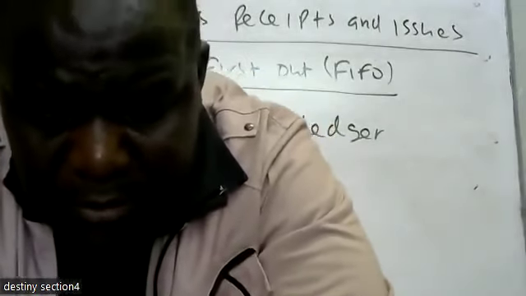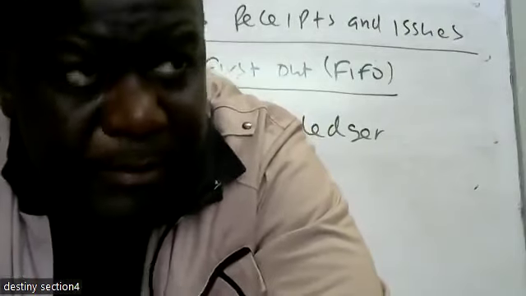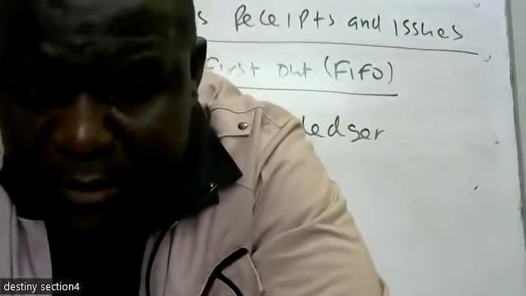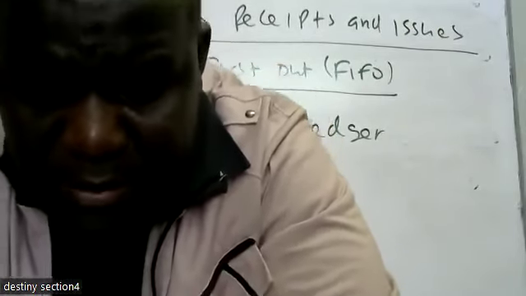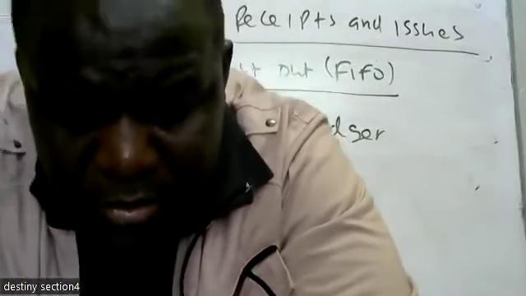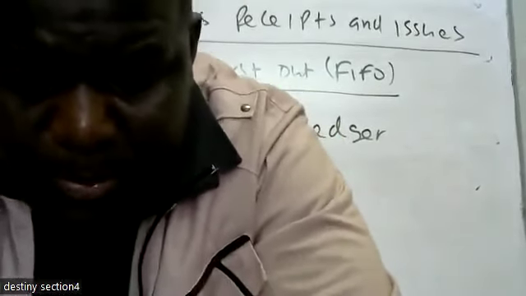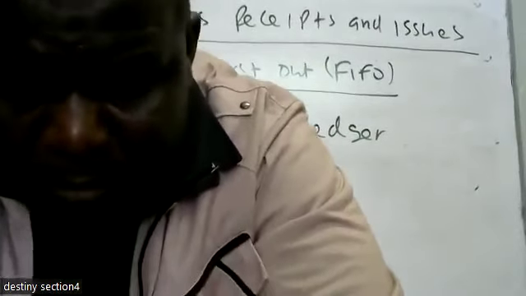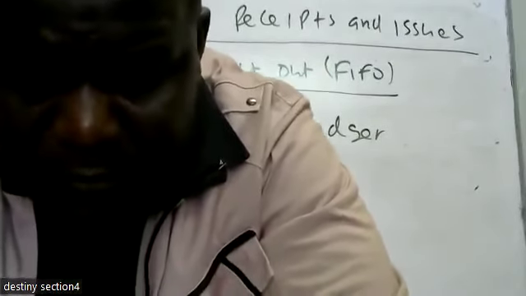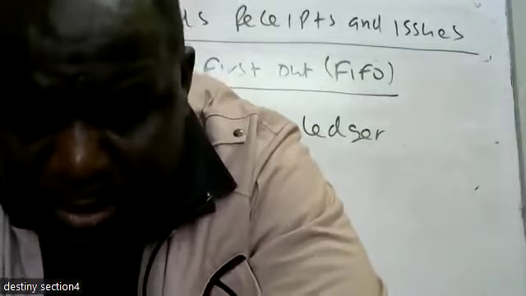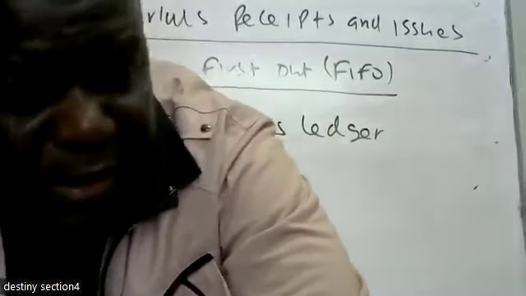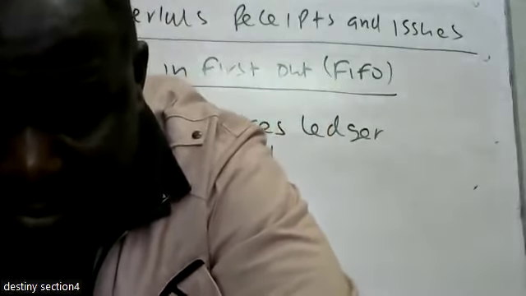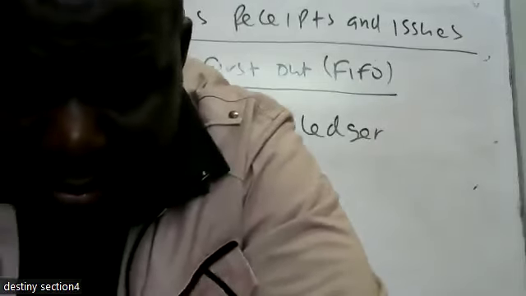So they gave us purchases. They have also given us the sales. Additional information, note number 1: opening inventory of product PT on 1st of January 2020 comprised 9,500 units purchased at a cost of 135.